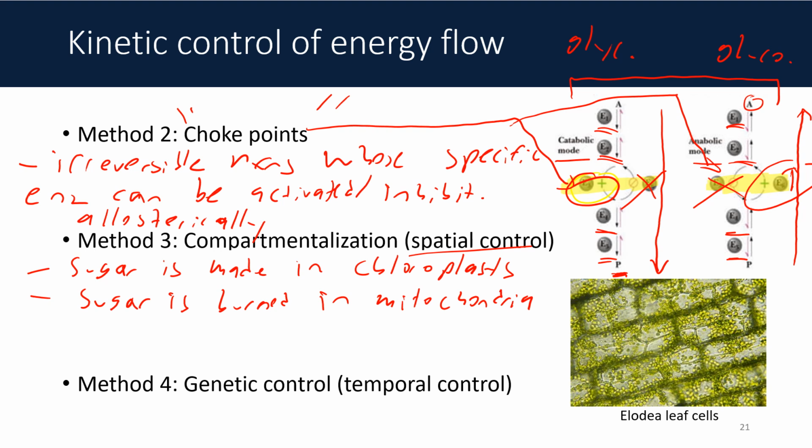The last strategy is genetic control, also known as temporal control. On top of all of the methods I described beforehand, cells can change the levels of anabolic and catabolic enzymes over time in response to certain hormones and signalers.